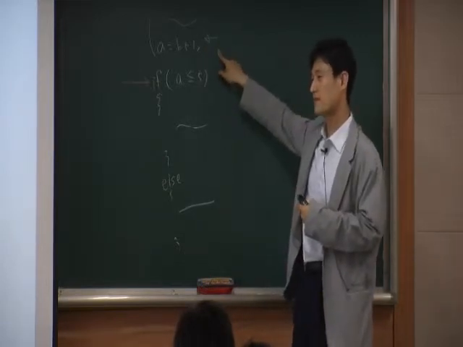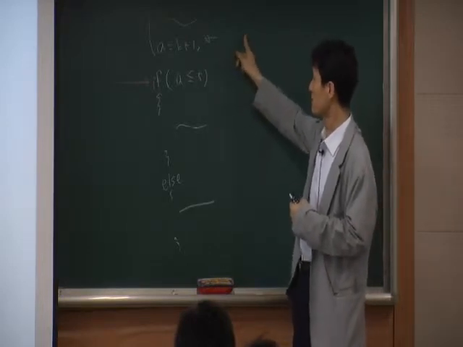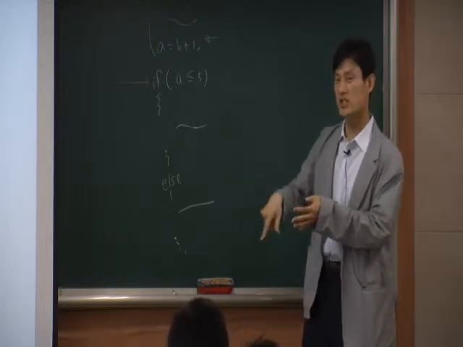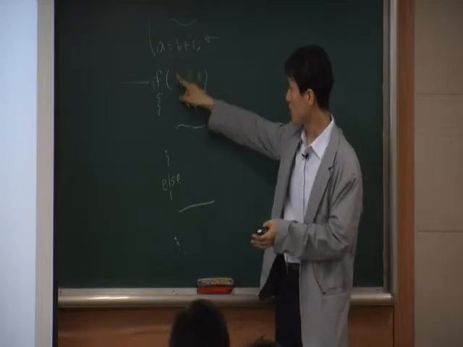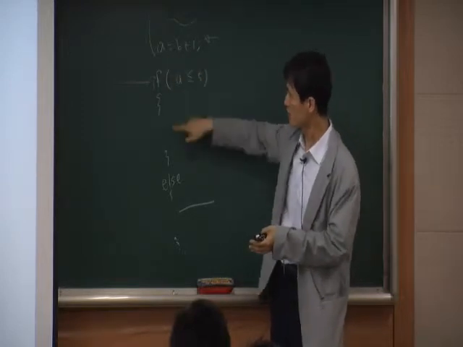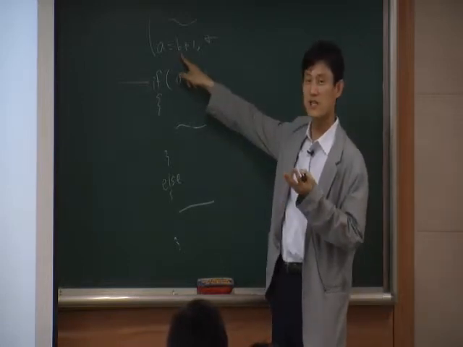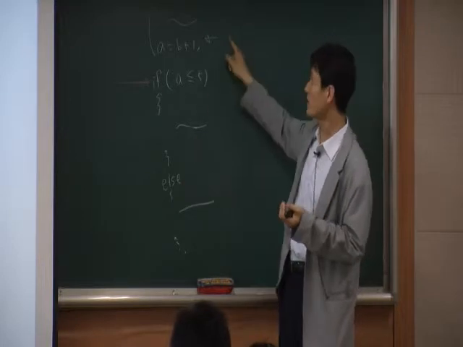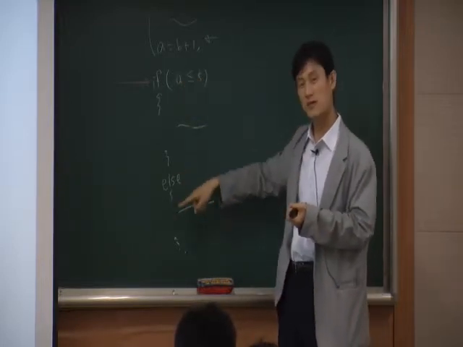Maybe you read some hardware somewhere. Maybe there is a keyboard, and when you push the keyboard, then maybe B equals 4. In that case, A becomes 5, so you go in here. But if you don't push it, then B equals 0, then A becomes 1, so you come here. So whether you push the button or not, sometimes you come here or sometimes you go there.